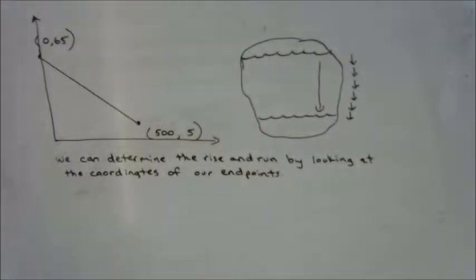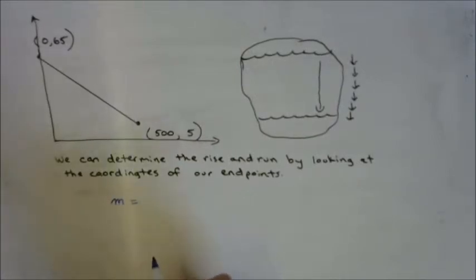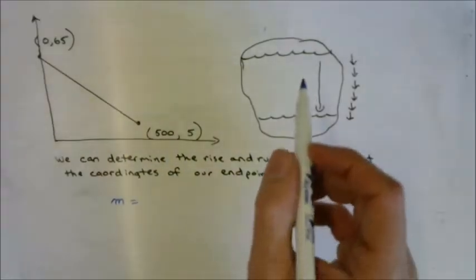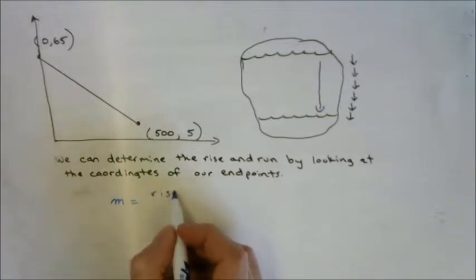Okay, let's talk about this. So we know that the rate of change is the slope of the graph. We've said that in both our examples and in our notes. So if you're asked to determine the rate of change, or what rate the gas tank is emptying here, we know we're looking for rise over run.